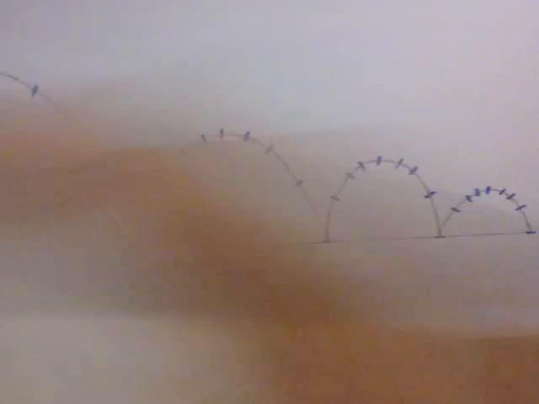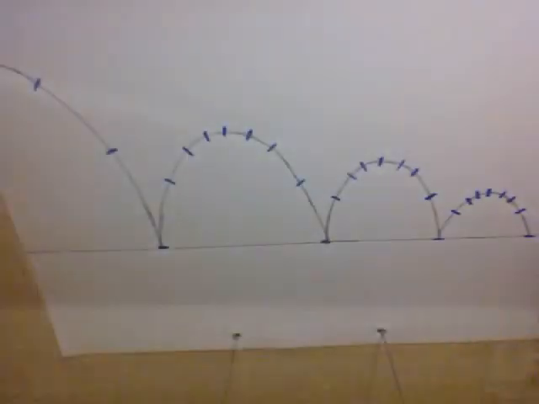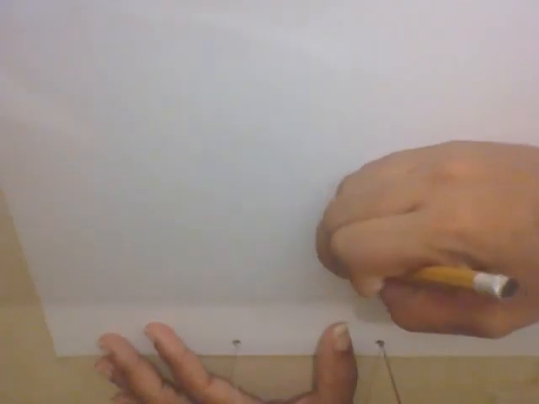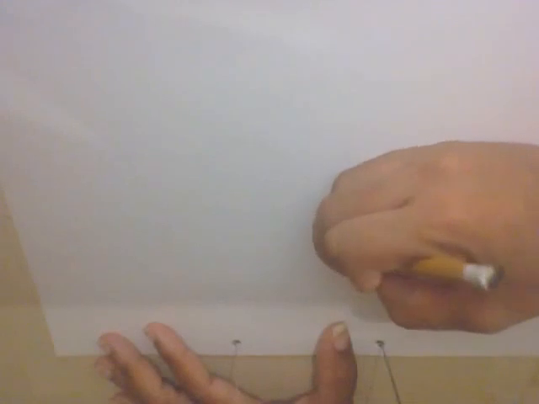Alright, so 14. The second one, when it hits the ground, is in the line of the horizontal line.